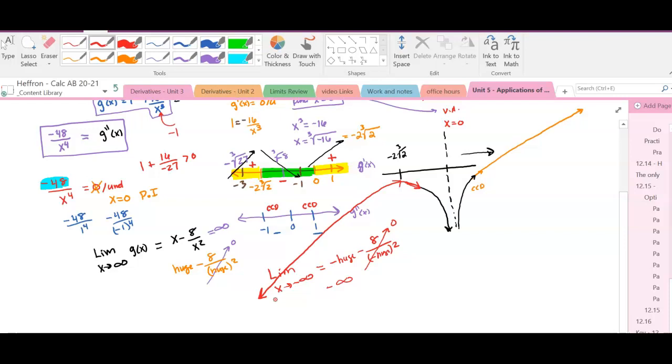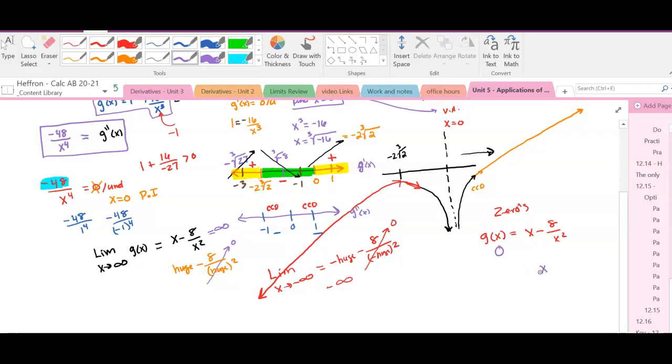The only other things we could do is we could look to see, does the original graph have any zeros? So if we say g of x equals x minus 8 over x squared, well, when is the y coordinate 0? Well, let's see.